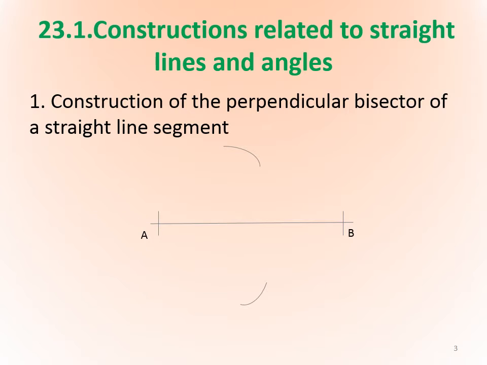Then, keep the compass on the point B and draw the arcs from B as we did before. We'll see the intersection points. Mark them as C and D.